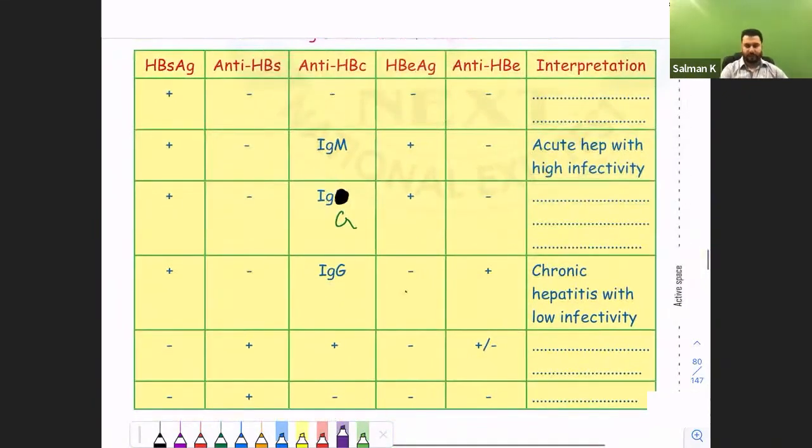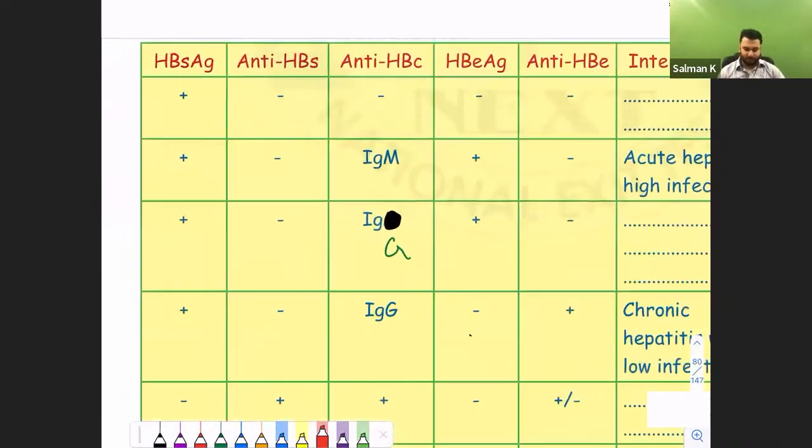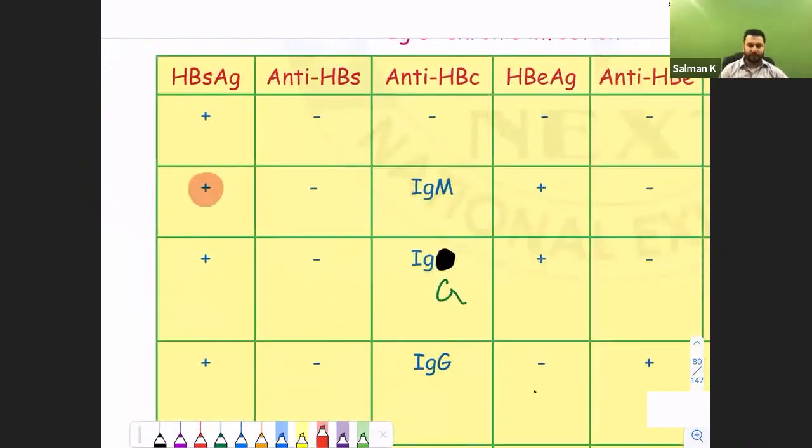Have a look at this and try to identify. I'm going to do one or two examples for a refresher. Always look at the HBs antigen first. Confirm if the disease is present or not. If you see HBs antigen, you know the disease is present.